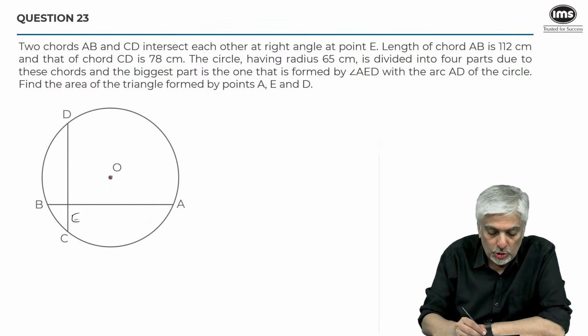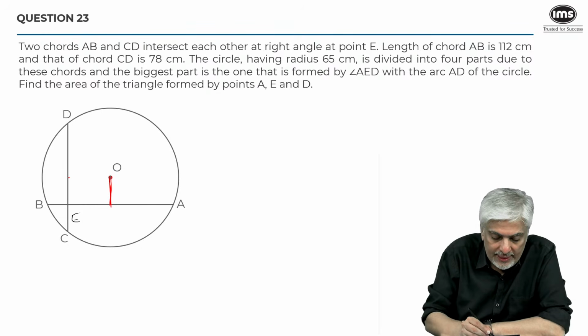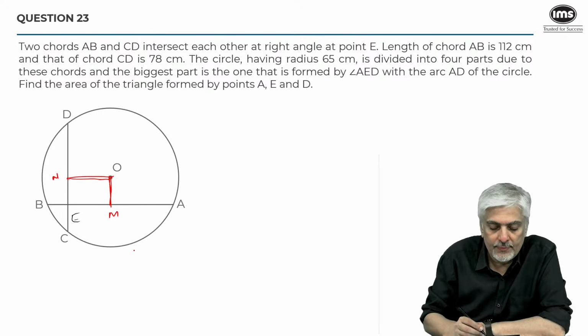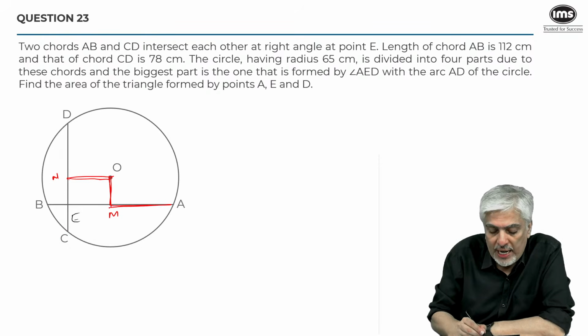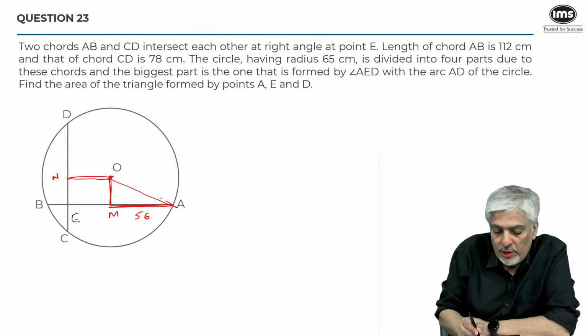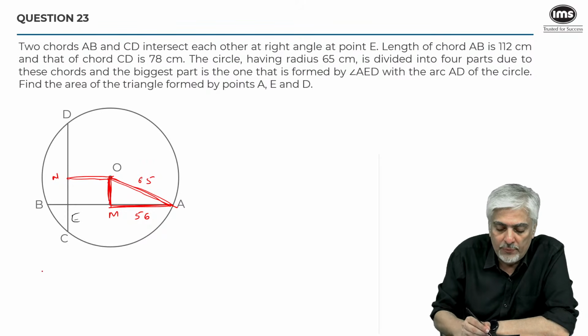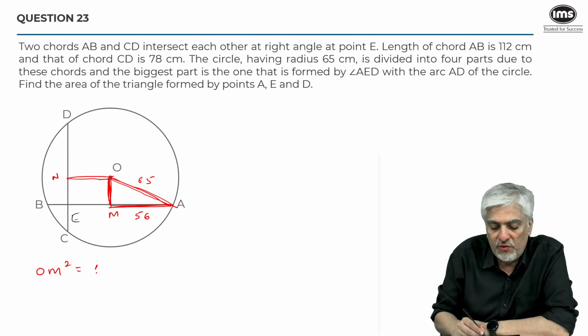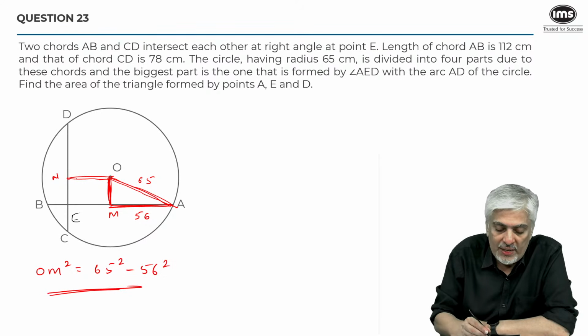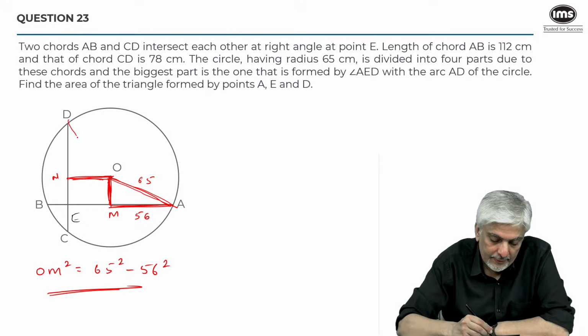So the main thing was to get this length and this length. Now I knew AM was half of AB, which makes it 56. And I knew the radius was 65. So using Pythagoras, I can find OM. OM square was 65 square minus 56 square. And same way, finding ON, again I knew the radius was 65.